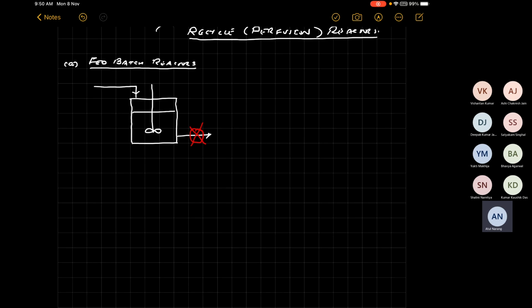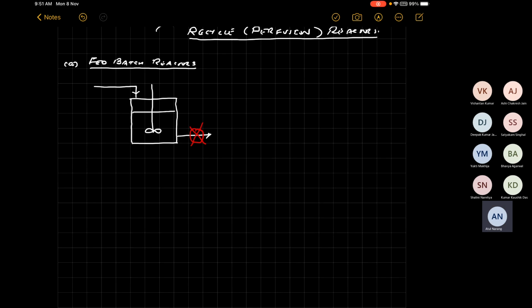And one more thing, and this was part of the numerical problem you solved, the volumetric productivity of a continuous reactor is also much higher than that of a batch reactor. And actually, I think nobody answered that question properly. The simple reason is that in a batch reactor, you have a long period of time when the cell density is very small, right?